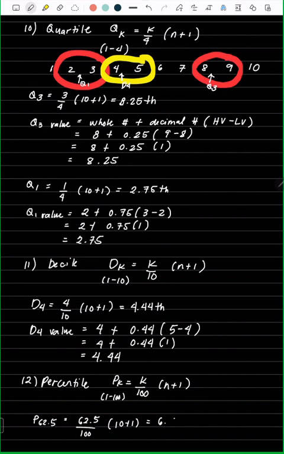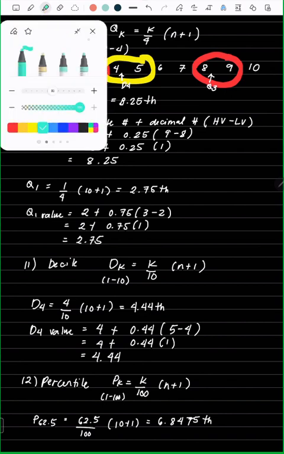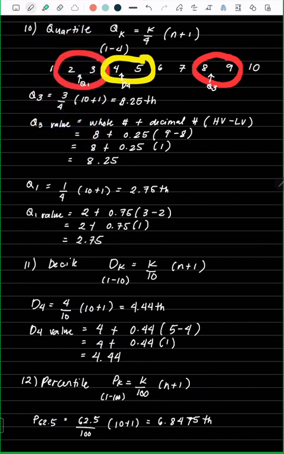Now, for percentile, let's say I'm going to determine P62.5. What will happen? That would be 62.5 over 100 multiplied to 10 plus 1.